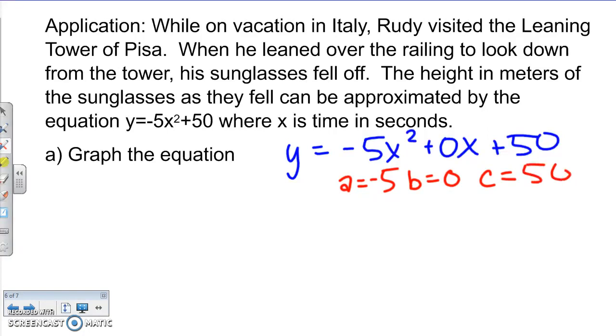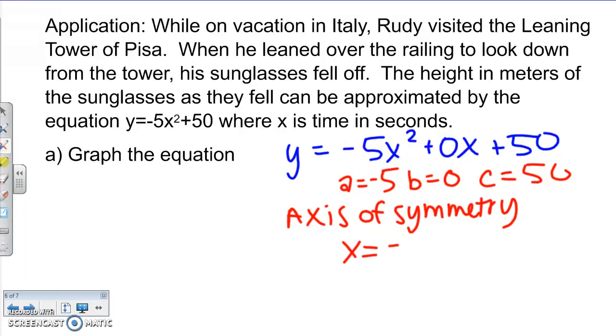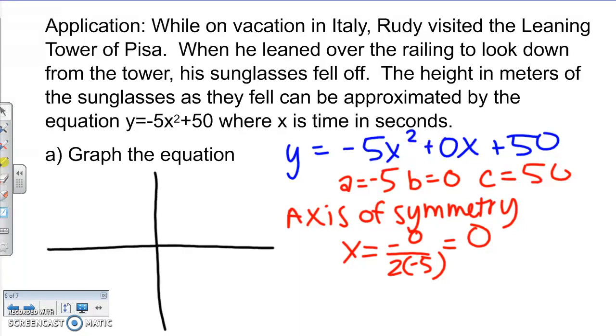To get my axis of symmetry, I'm going to take -0 over 2 times -5, which we know that 0 over anything is 0. So if I were to draw an axis here, my axis of symmetry is going to fall at 0.